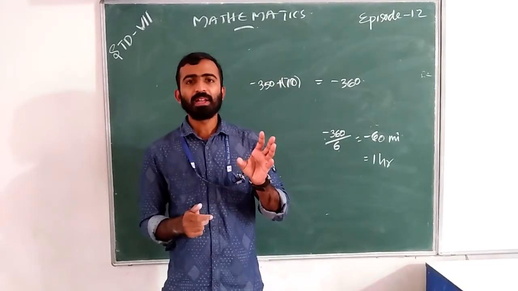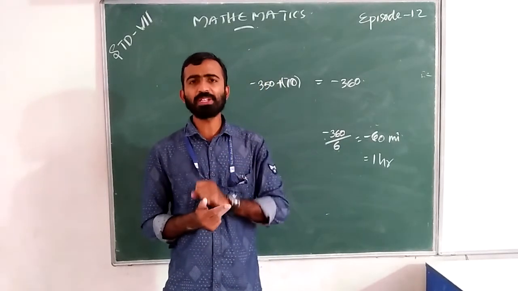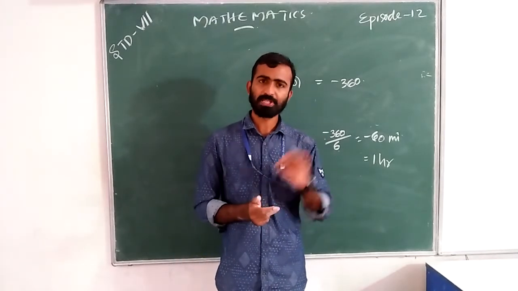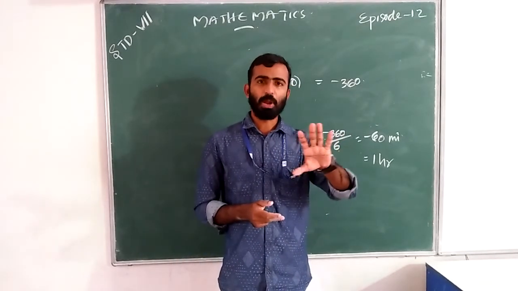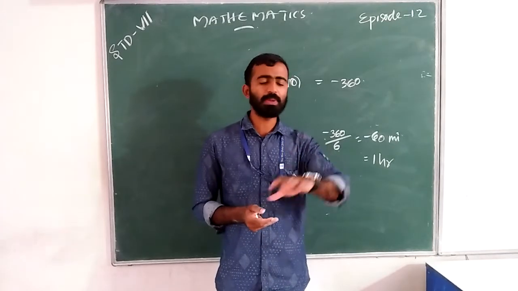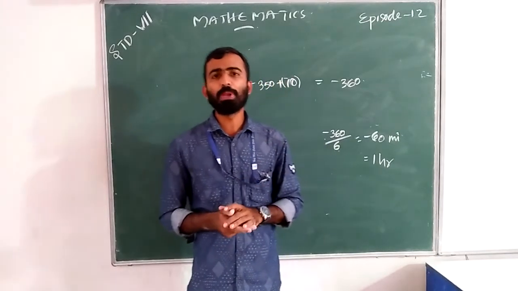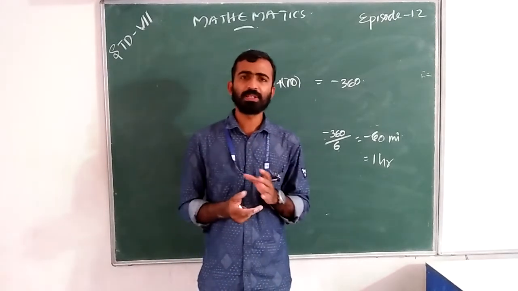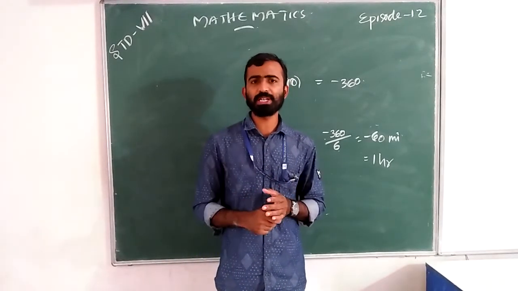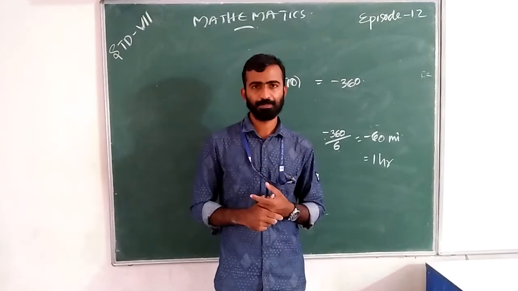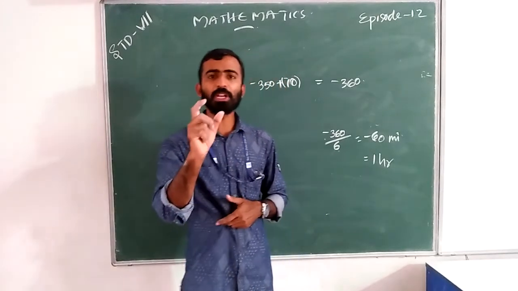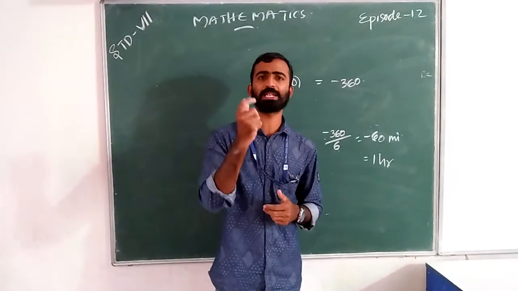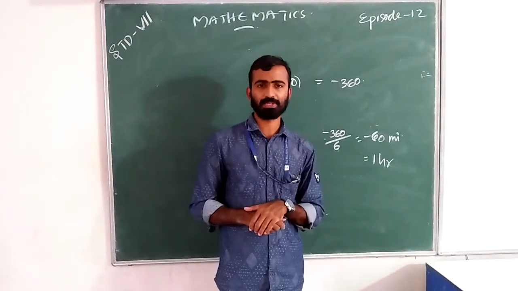Second we studied the commutative property. Commutative property means a plus b equals b plus a. When we add two integers and change their positions, we get the same answer. In subtraction, the commutative property is not satisfied, because when we change the position of the integers, we don't get the same answer.